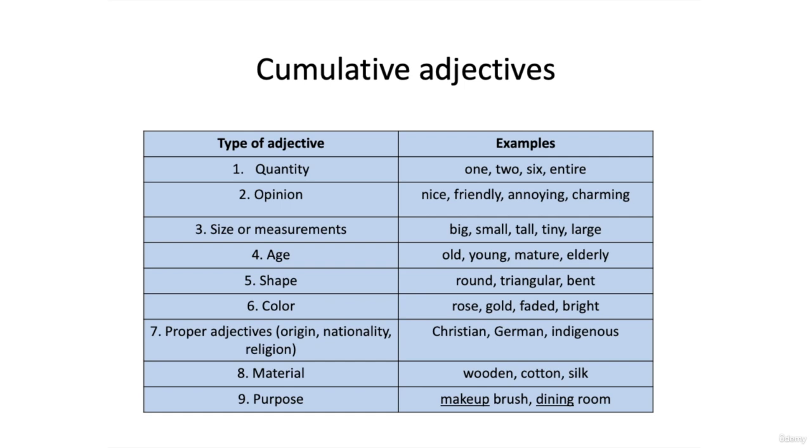For example, I like charming, tall French men. Or, I have 6 tiny, young mice.